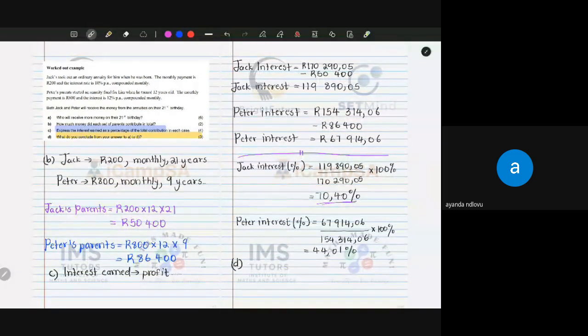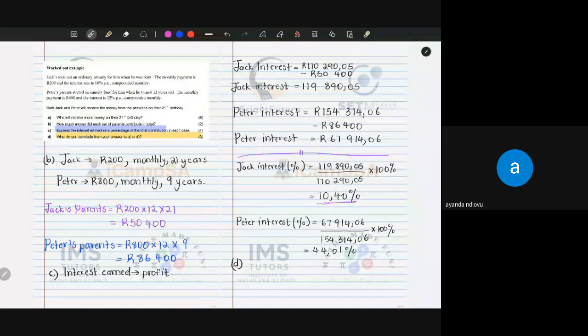So essentially, we want to summarize what we see here. Clearly we can see that Peter's parents put in more money than Jack's, but the returns were more on Jack than Peter. And that could be accounted for by the number of years and also the interest rate.